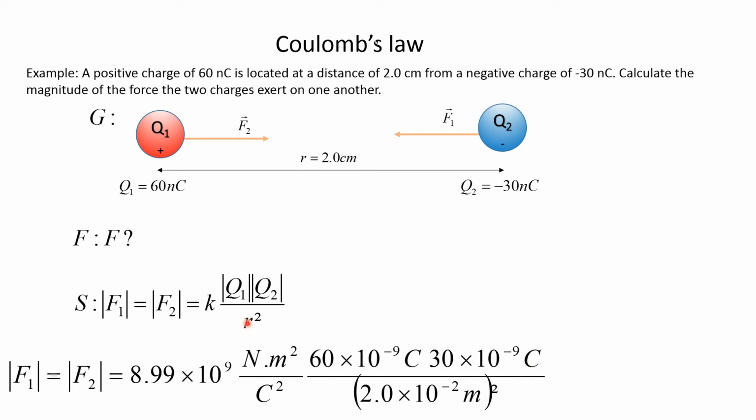We divide by R squared, which is 2.0 times 10 to the minus 2 meters, centimeters, and that of course is squared. Don't forget the square here, because that's a mistake pupils often make. And when we put this all on our calculator, we find that we have a force of 0.040 newton.